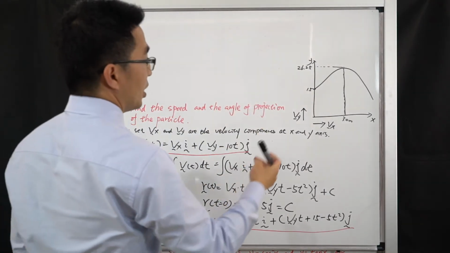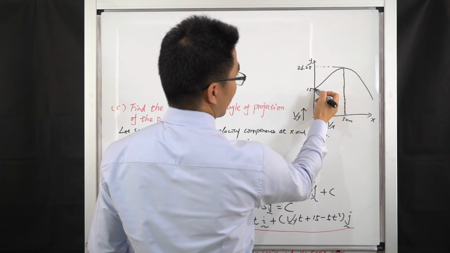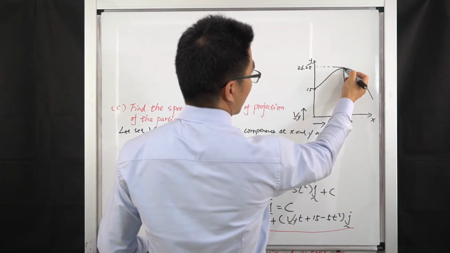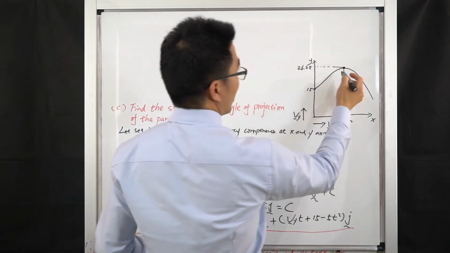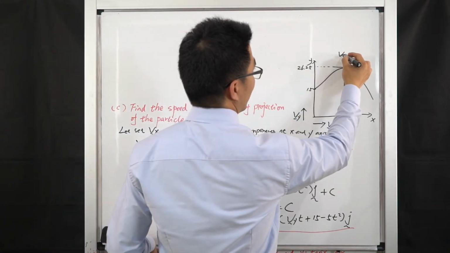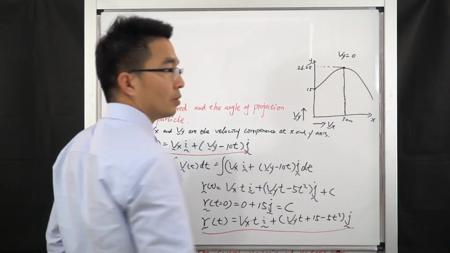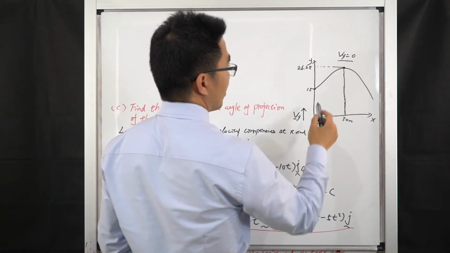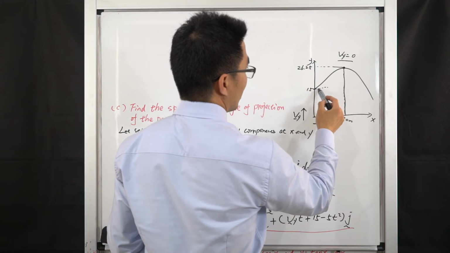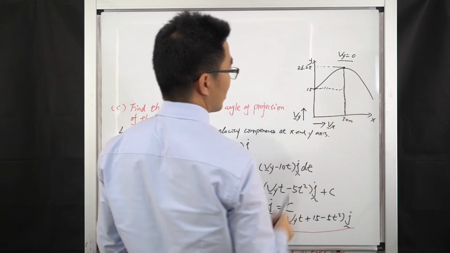Okay, the particle is projected from here, and then hits its maximum height over here, right? At this point, Vy equals 0. And from here, we can find the time t of the particle.